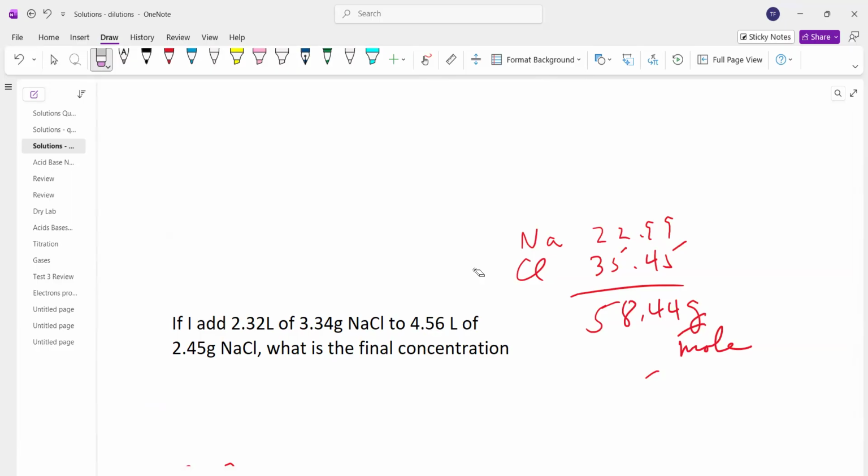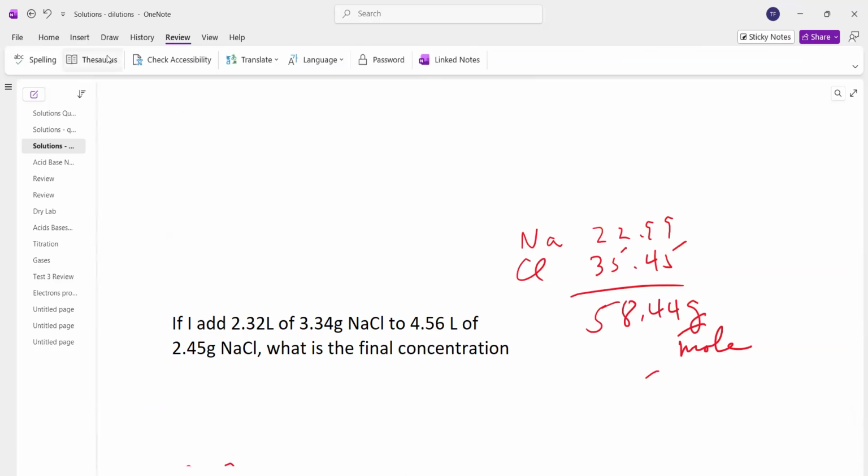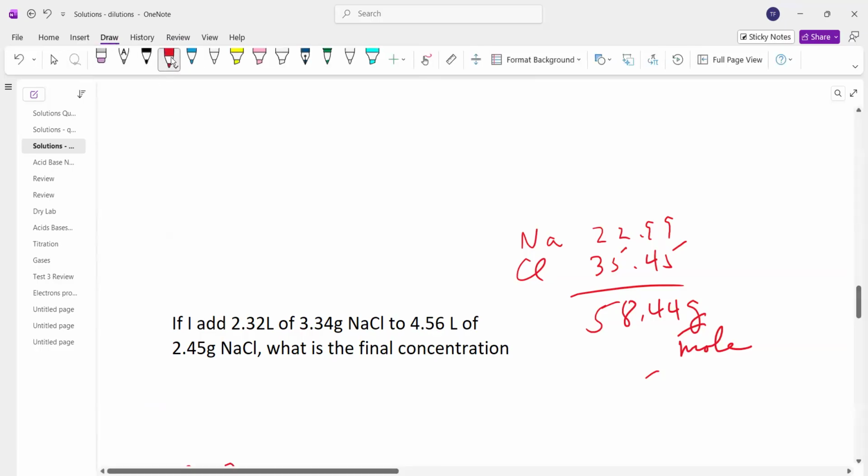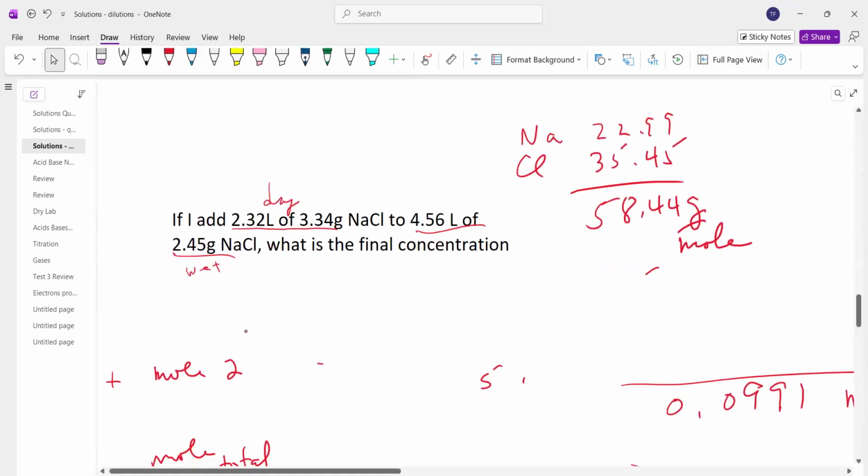Okay, so here we have dry, wet. So we're going to calculate the moles differently for each one. The dry is different than the wet one. Okay, so the first thing, let's do the dry one first.